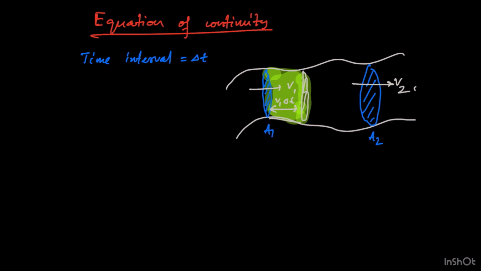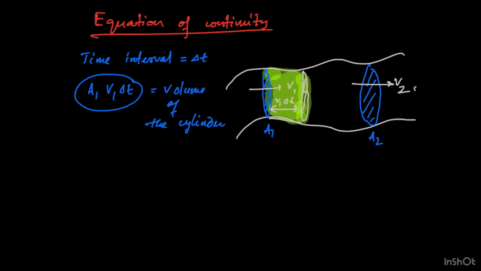So let us find out the mass of the fluid inside this volume first. The area of cross section is A1, and the length is v1 delta t. So this is the volume of the cylinder of length v1 delta t. And what is this?